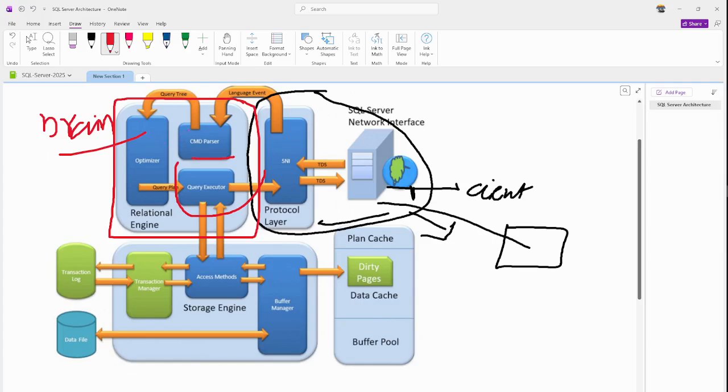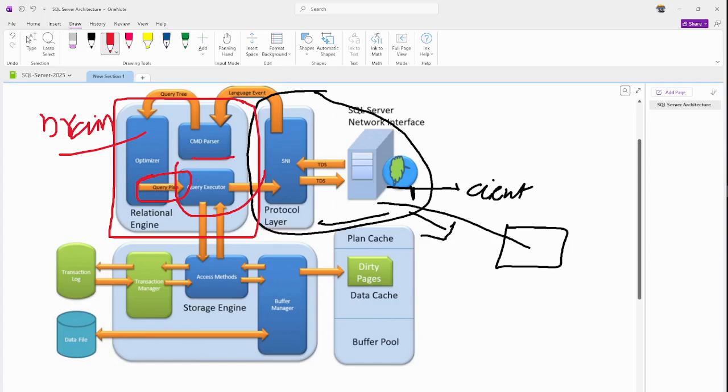It will determine how to execute the request. It will check the syntax, and then it will validate the request. Then you have something called the optimizer. It analyzes various ways it can be executed, and it will select the most efficient query plan.